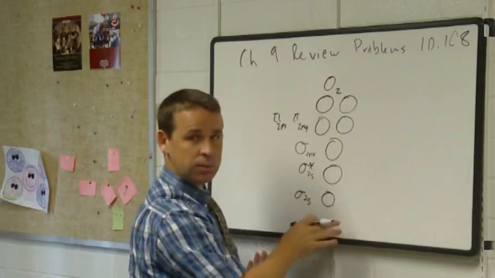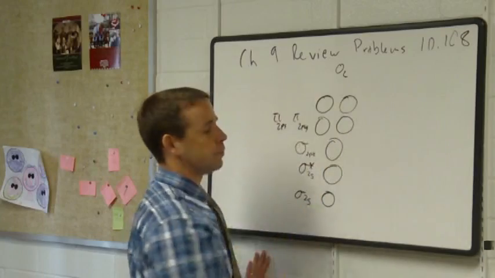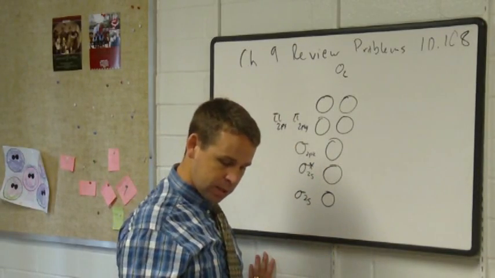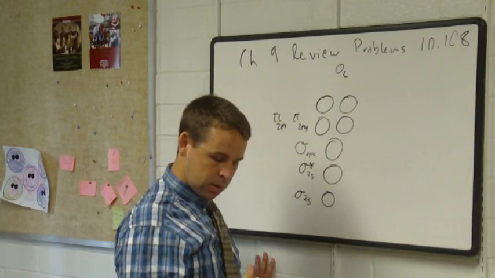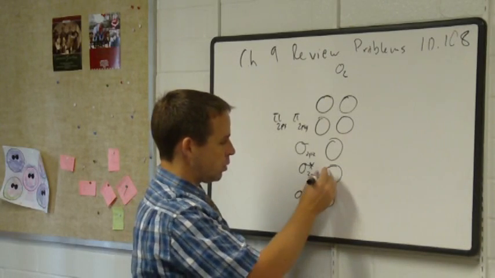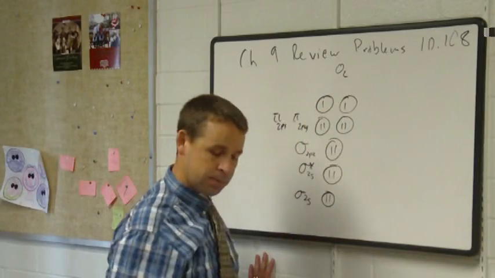And this is the resulting orbitals. All right? So these are the resulting orbitals. And then you take all the valence electrons and fill them in. So in O2, we'd have 12 valence electrons. So it would be 1, 2, 3, 4, 5, 6, 7, 8, 9, 10, 11, 12, right?